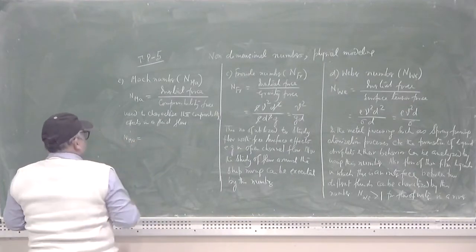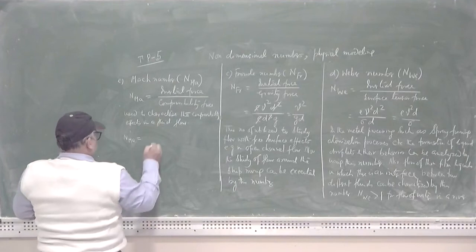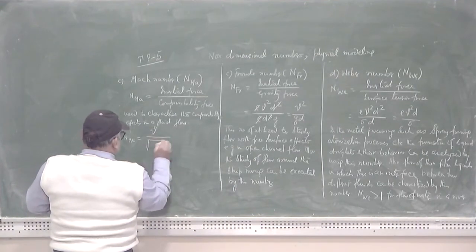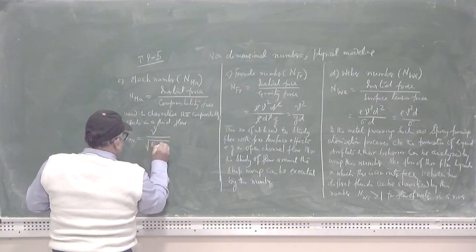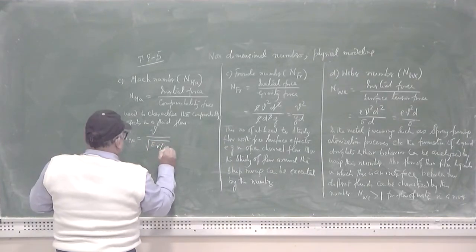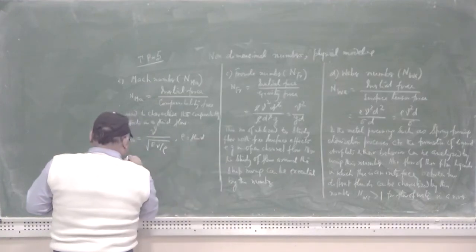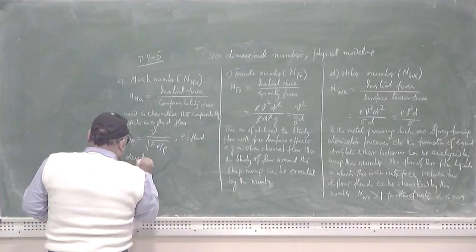Mathematically, this Mach number can be represented as velocity divided by under root E nu divided by rho. Here rho is the fluid density.